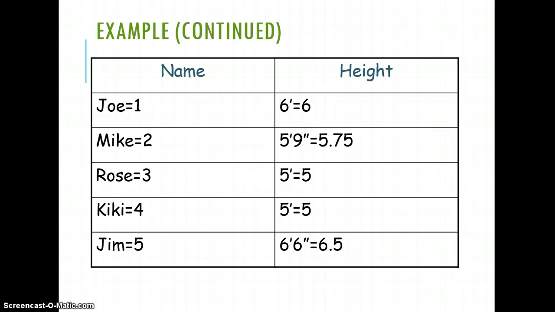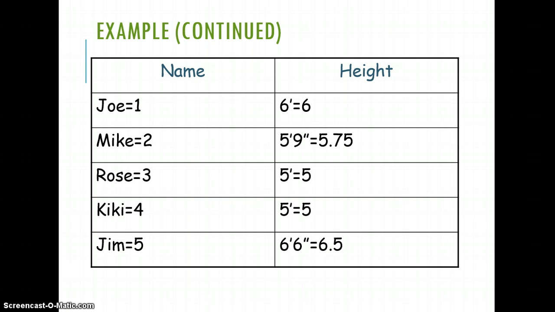So let's say that Joe, who is student number 1, is 6 feet, and Mike, who's student number 2, is 5'9", but to locate it in a better place in the Cartesian plane, we're just going to convert it to 5.75. Then Rose is student number 3. She measures 5 feet.